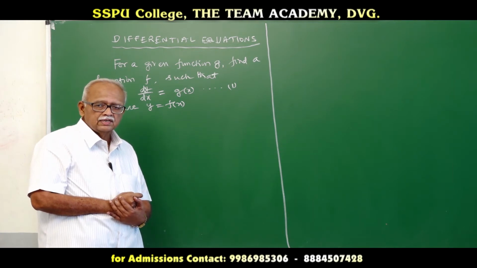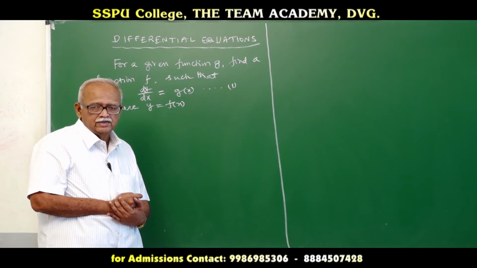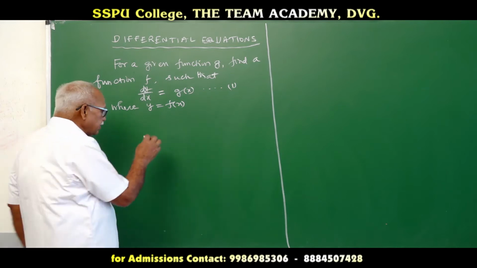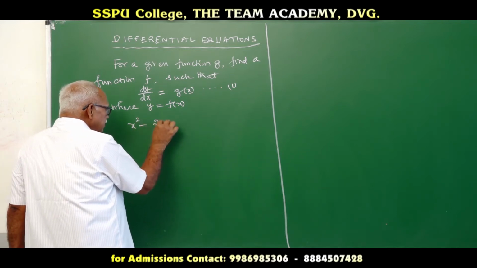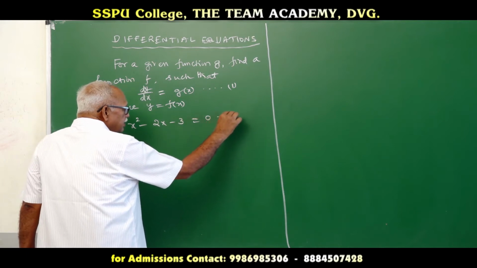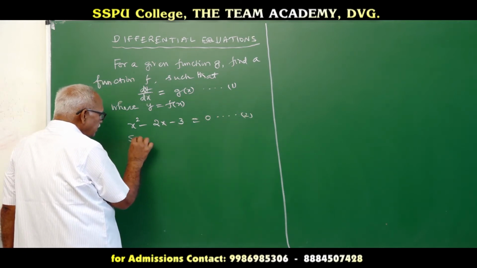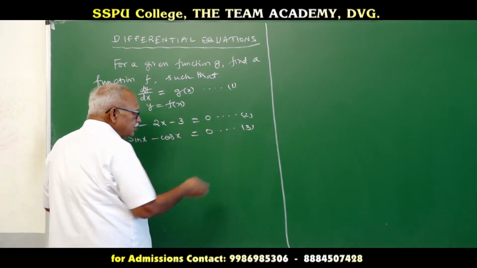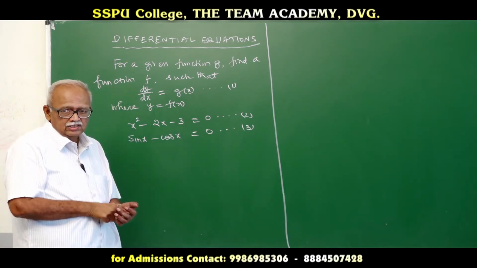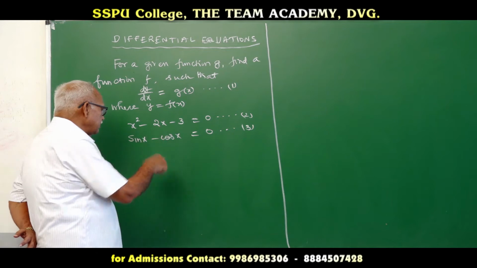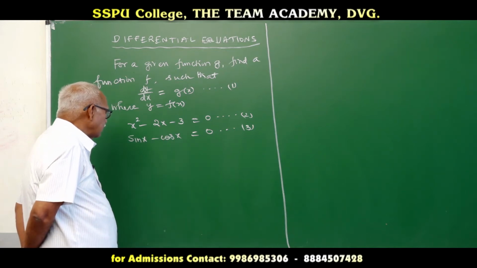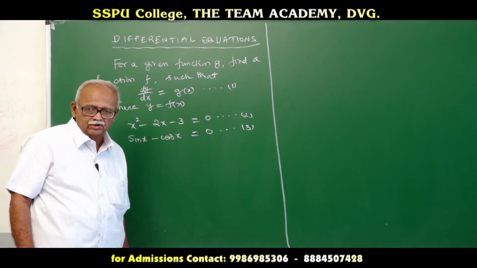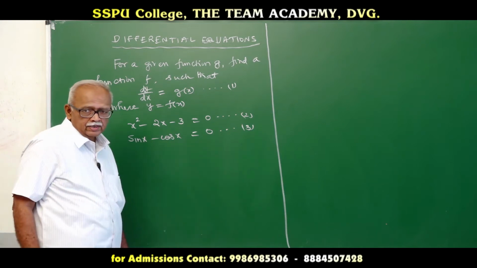Let us see in more detail what a differential equation is. Now I will write some equations here. x square minus 2x minus 3 is equal to 0. Sin x minus cos x is equal to 0. In these, x is called the independent variable.